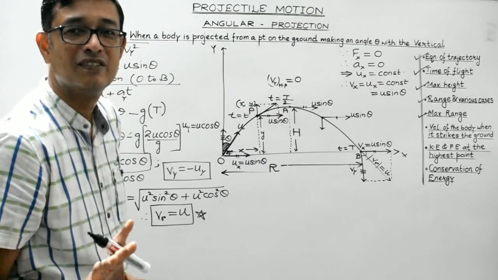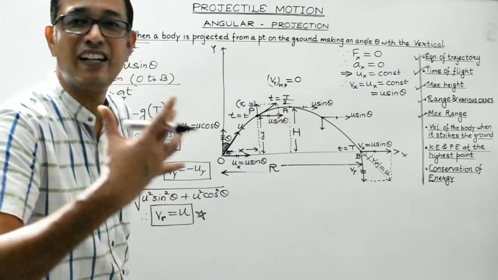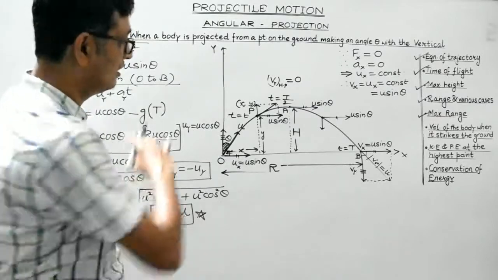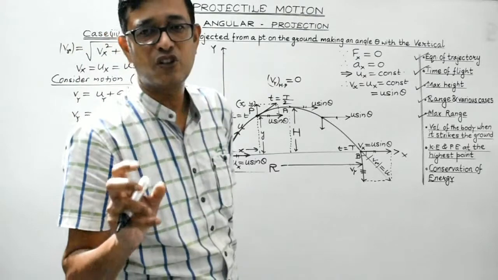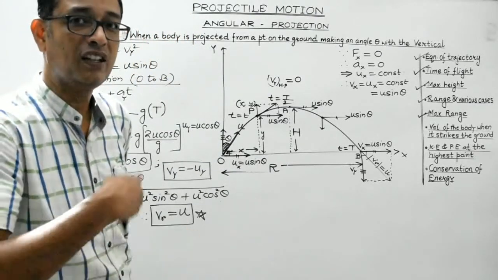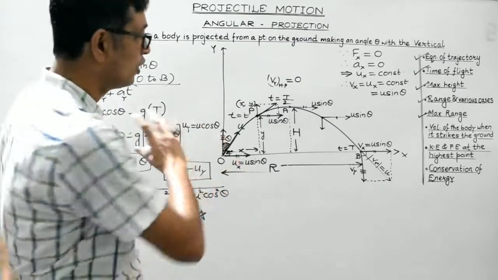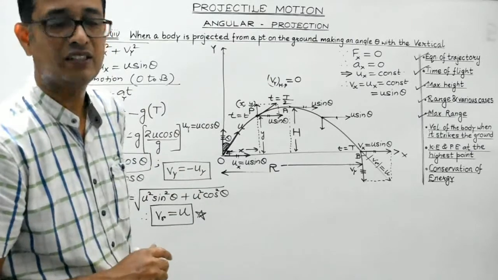Clear, students? These are the results which you need to apply directly while solving numericals, and these are the mathematical verification. So theoretical clarification or theoretical knowledge is a must, right? So that's where the need arises, so as to clear your concepts while we deal with the theoretical concepts, right?